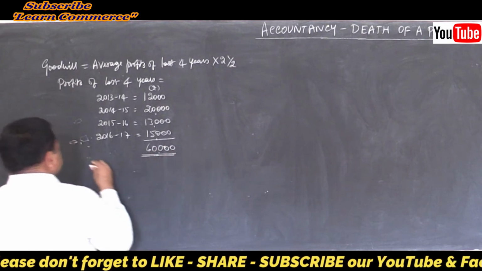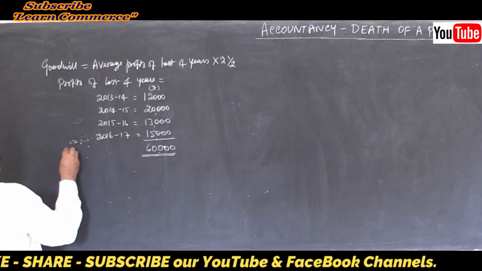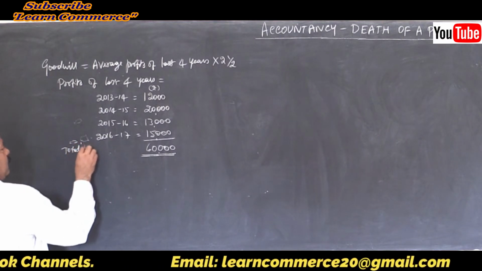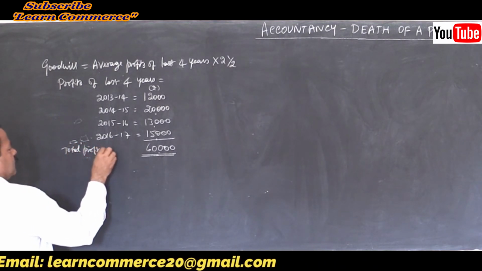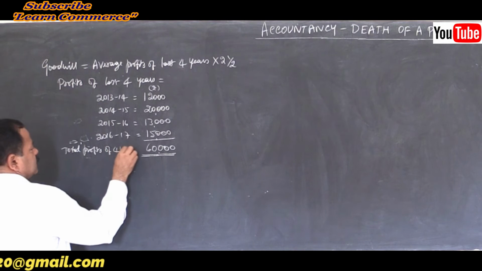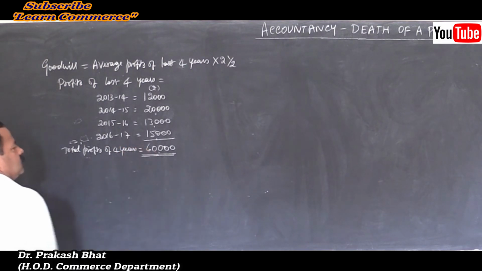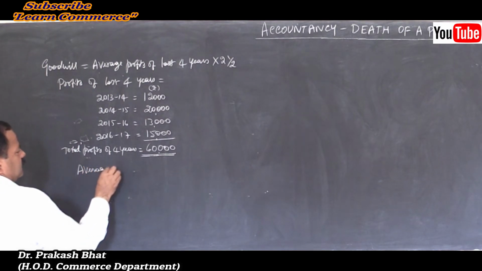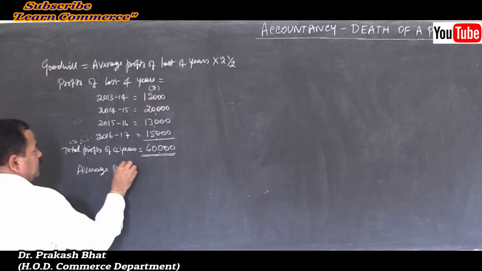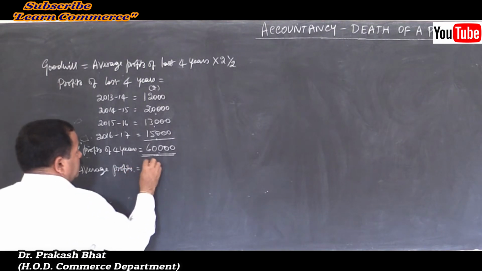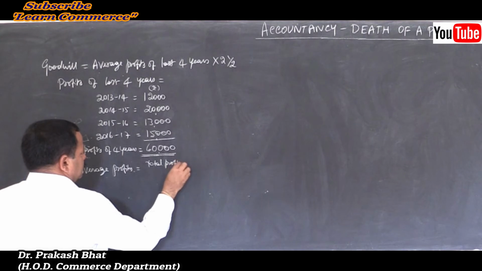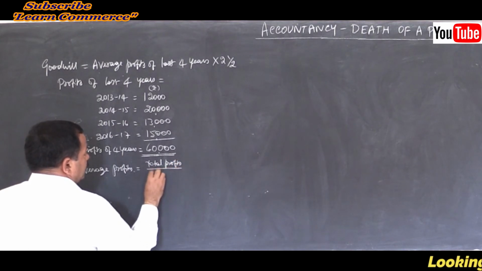This is total profits of 4 years. Average profits is equal to total profits divided by number of years.